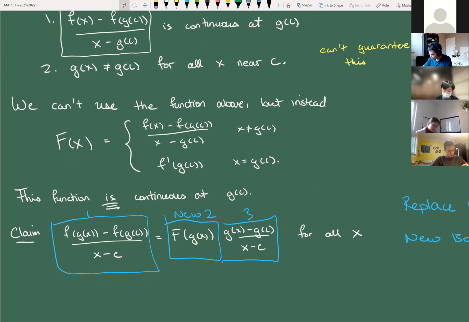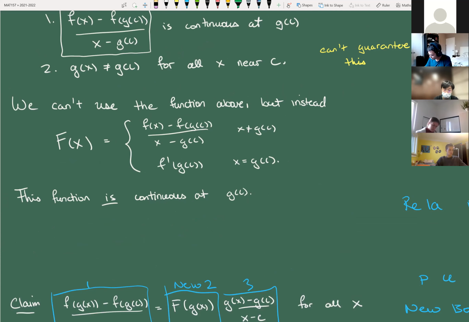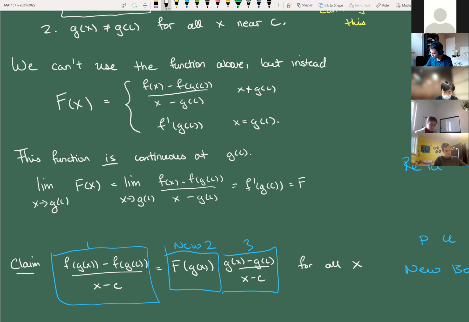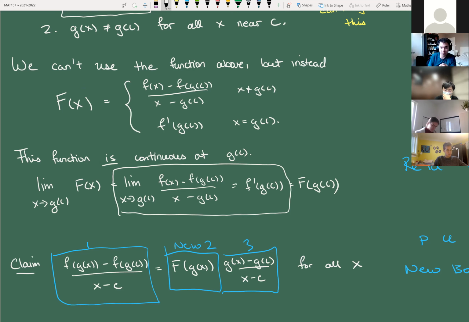The reason is, the limit as x approaches g of c of f of x, where we look at everything except g of c when we do that, is precisely the definition of what it means for f to be differentiable at g of c.